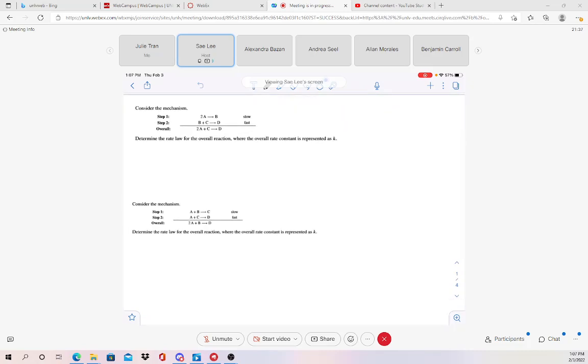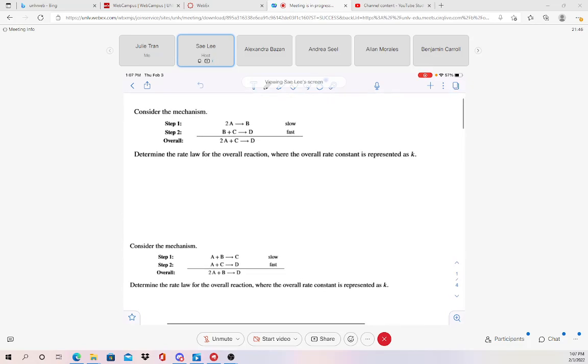So let's take a look at this reaction mechanism where step 1 is 2A producing product B. Step 2 is reactant B plus C producing product D. They already told us that step 1 is the slow reaction. Again, the slow reaction is going to be the rate determining step.